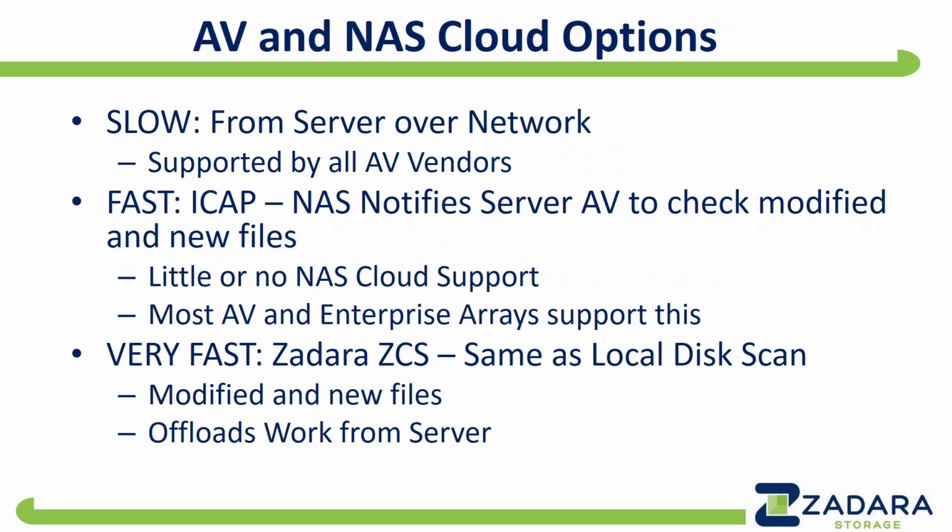For antivirus, if you think about it, it's actually kind of slow if you do it over the network, and that's been a problem for 15, 20 years now, where you have to read the files over the network, back and forth, and it's really slow. I believe NetApp was one of the first vendors that came out with a protocol called ICAP.